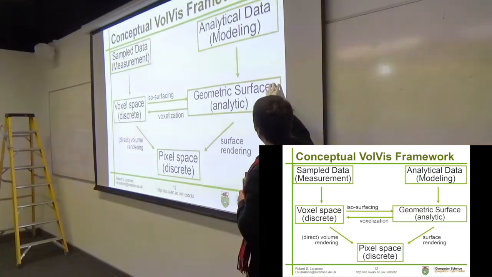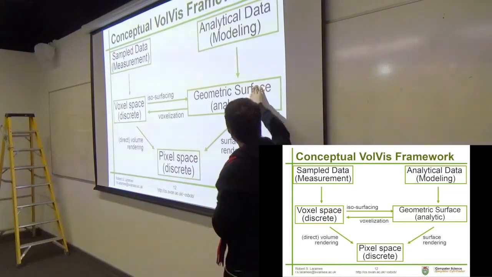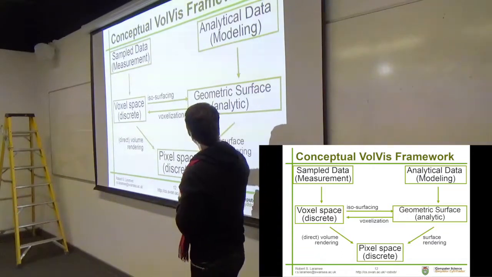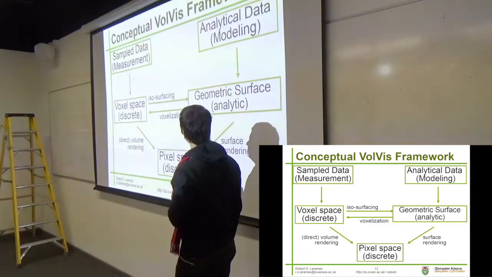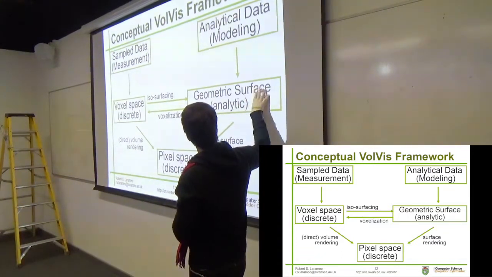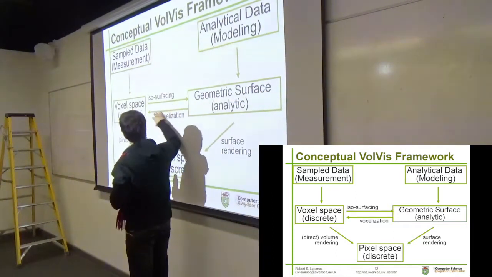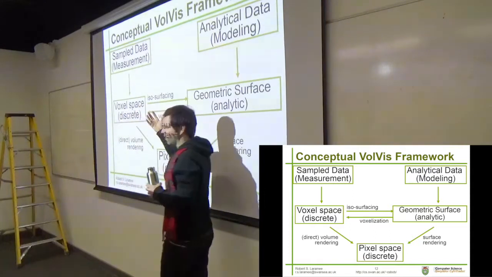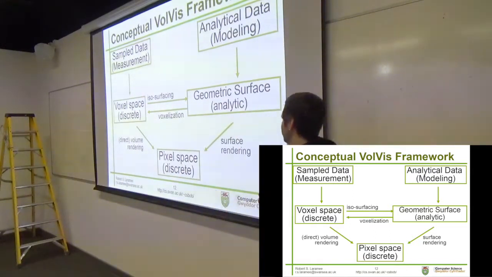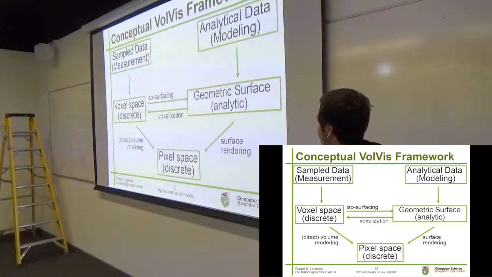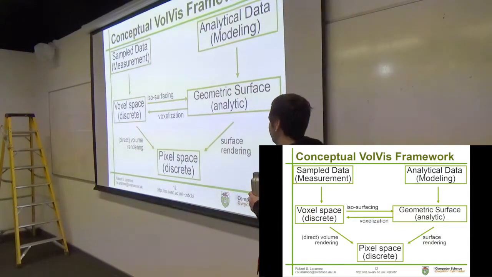Then we generate a geometric surface, and we render the surface to 2D space. We can also convert geometric data or surfaces to voxels. It's not very common, but it's possible. So we can traverse that volume visualization framework in all those different ways.